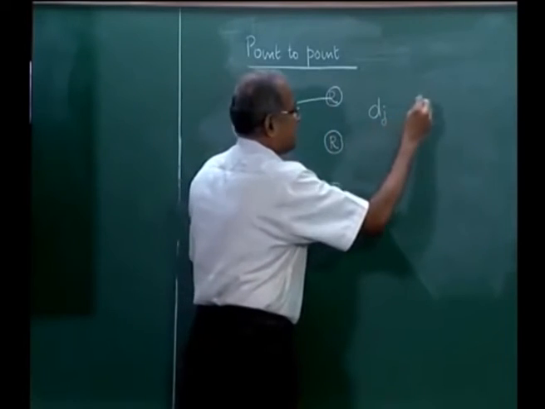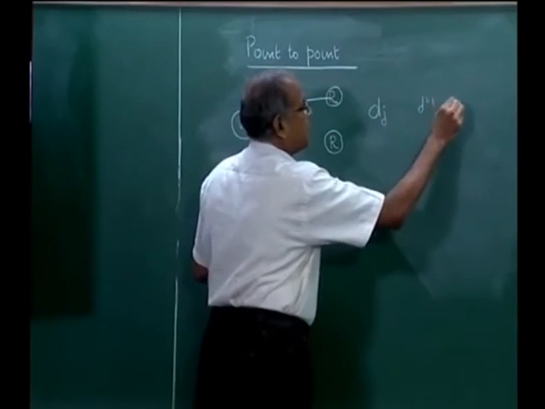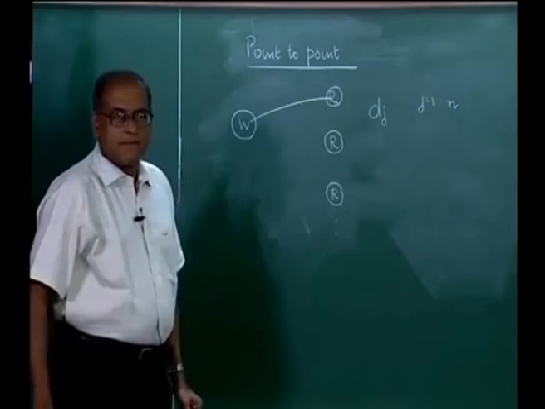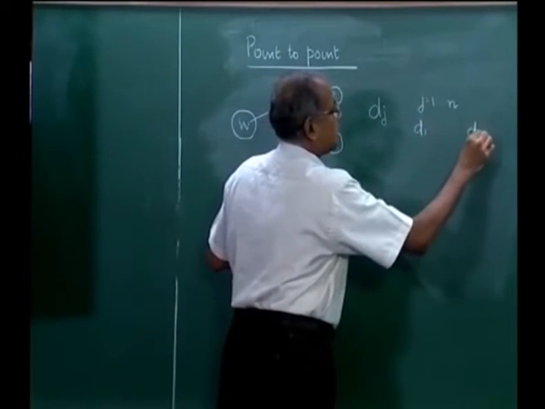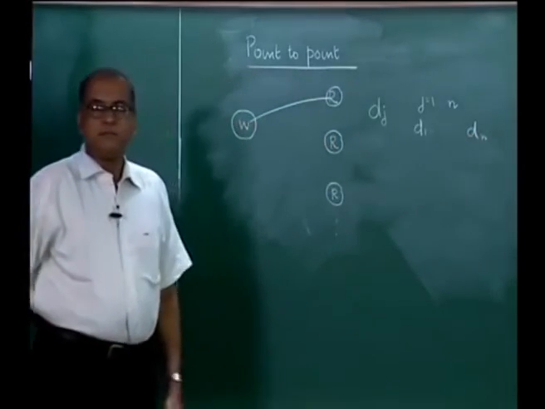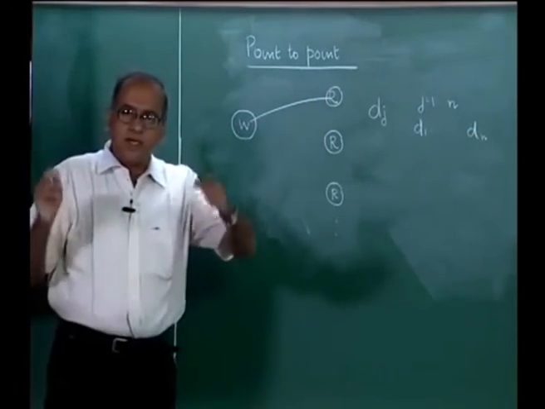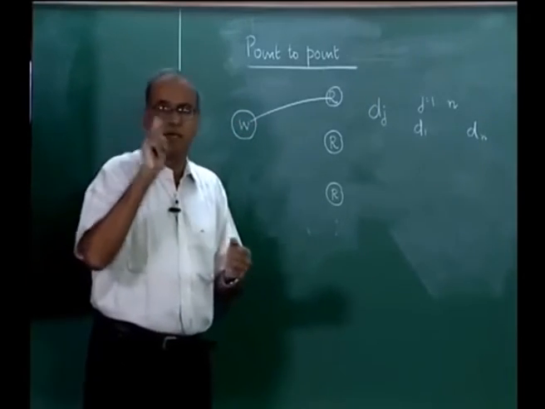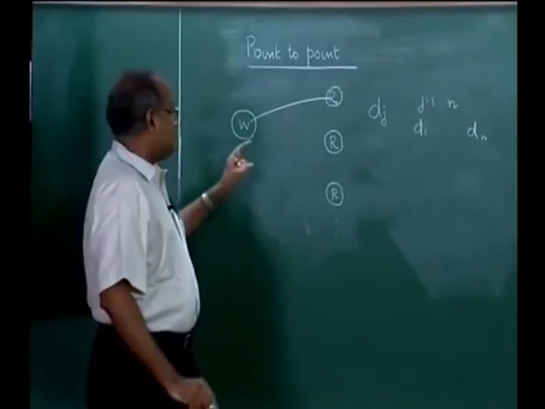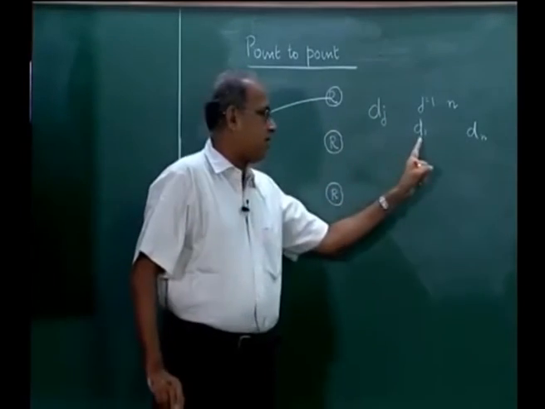Now, if there are j equal to 1 to n retailers, we will have dj values d1 to dn. The total time required by a single truck, if a single truck has to do it, is the sum of d1 to dn.